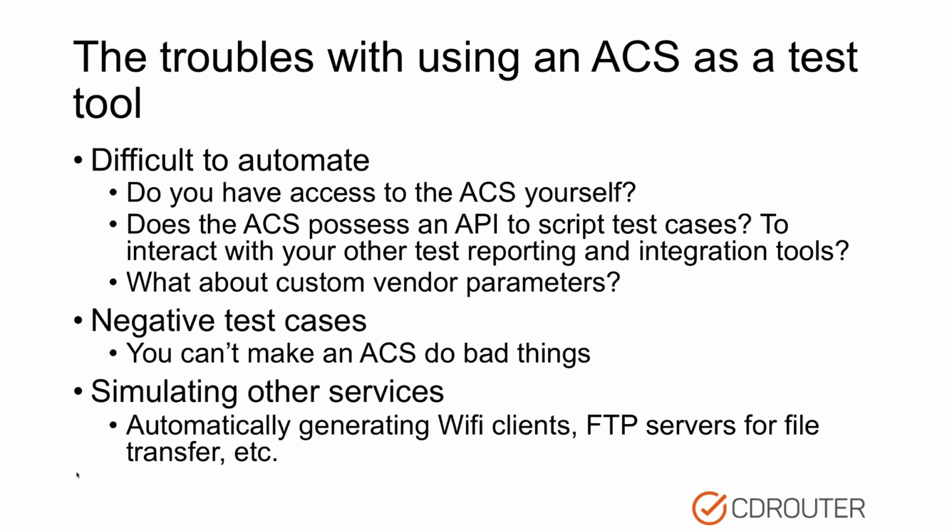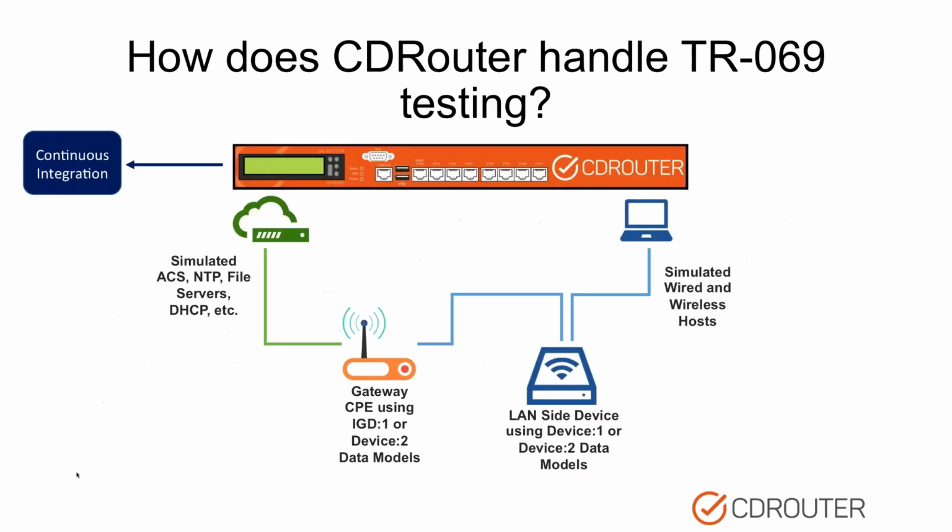And then it's also kind of a pain to simulate other services, things like Wi-Fi clients that I showed you. So the FTP or HTTP file servers used in doing firmware downloads, setting that up ahead of time, setting up NTP, and having that whole test environment in place. If you're just trying to use an ACS to be your test tool, you're not going to have those things.